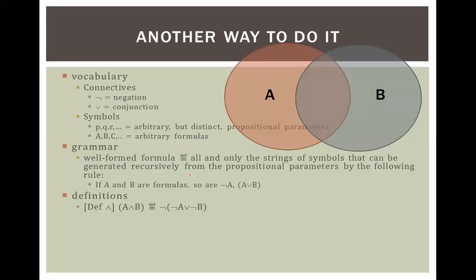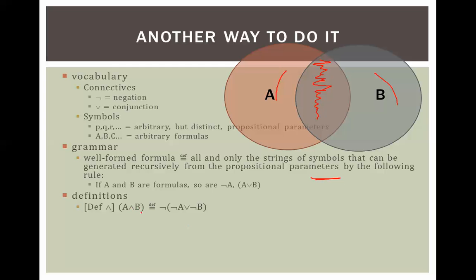I think I said, either not A or not B. So A and B is this guy in here, right? So when they say A and B, and they're using this conjunction right here, they say it's not the case that either you are not in A or you are not in B. So if you were over here, you would be not in B. If you were over here, you'd be not in A. If you were out here, anywhere, you'd be both not in A and not in B. So if you're not in any of these places, here's where you are, right?